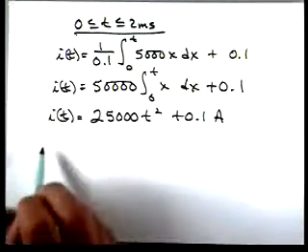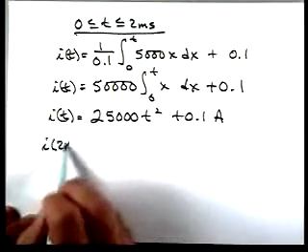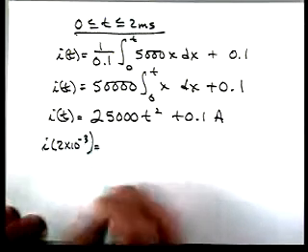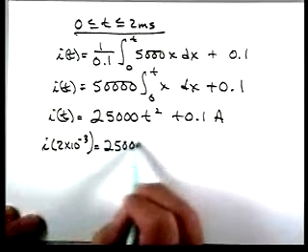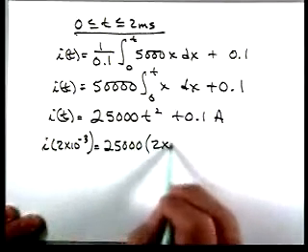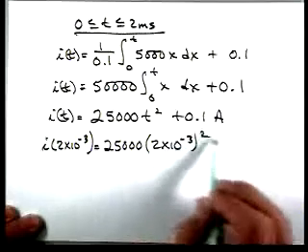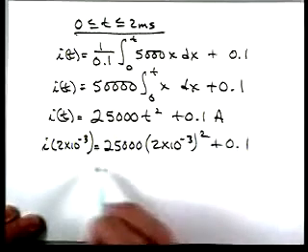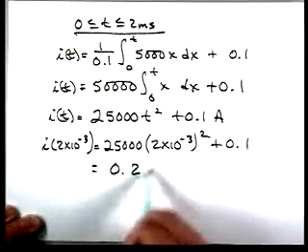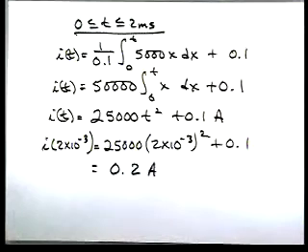So if we plug in 25,000 times 2 milliseconds squared, that gives us 0.2 amps. So in our interval, the current goes from 0.1 to 0.2 amps.